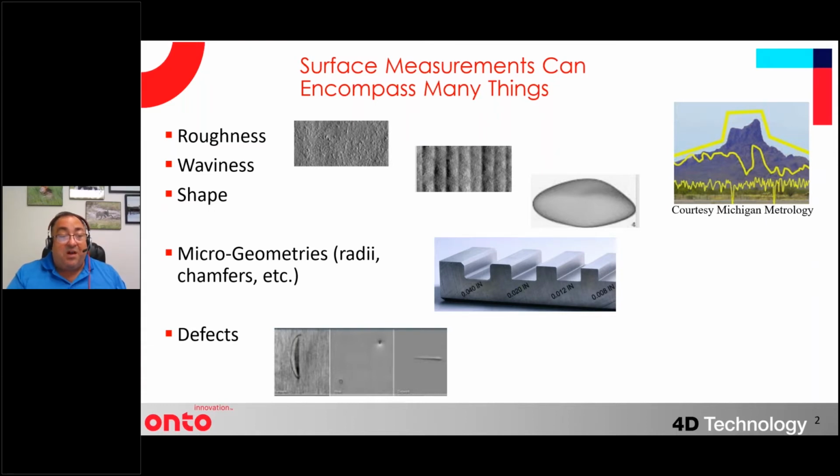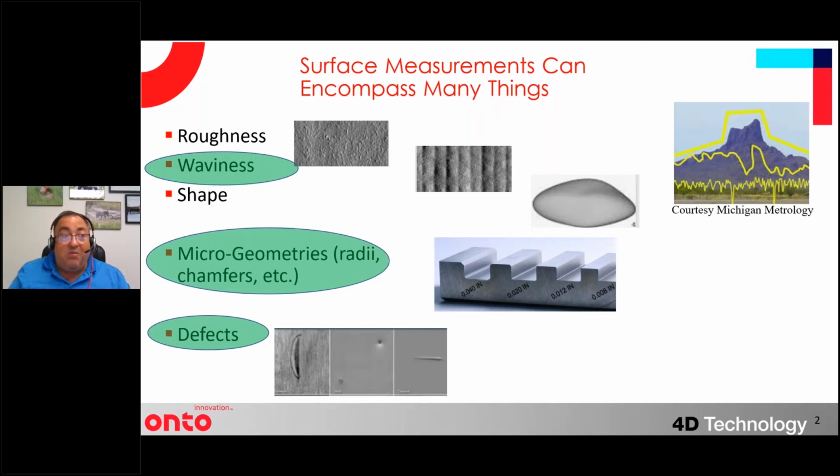Or they might be talking about defect measurements, so scratches, pits, spalling, gouges, things like that. And so for this particular presentation and the product we're going to be introducing you to, we're going to be talking mostly about waviness or small microgeometries, chamfers and radius, and defect measurement as well.